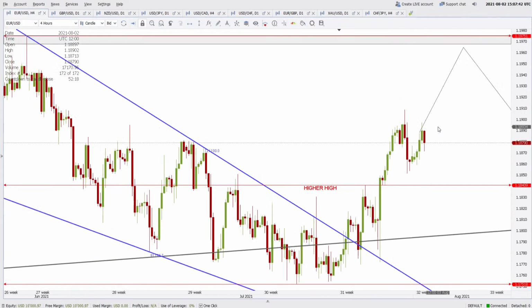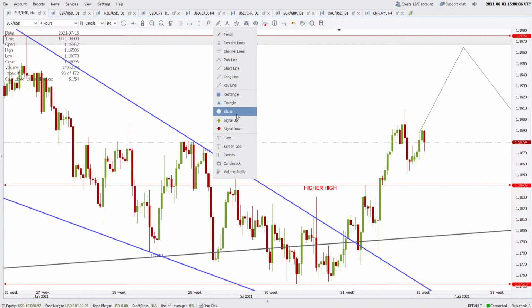Okay, although on the 4-hour also the structure of the market is still buy, but we need to see either a low lower than the 1.18515 or a high which is higher than 1.1908. Till the time the price does not break these two levels, we will be in a dilemma that where the price is going.